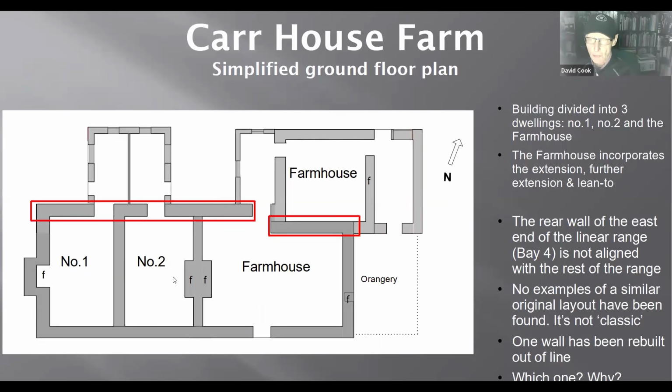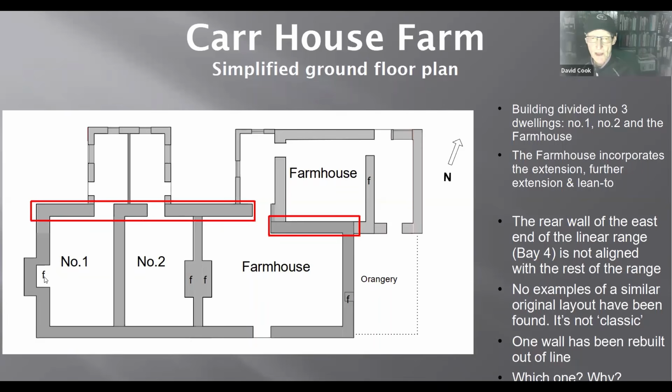You see, number 1 and number 2, single room wide, upstairs as well, no room for any service. So this was obviously added on when this was divided into 2 residences.